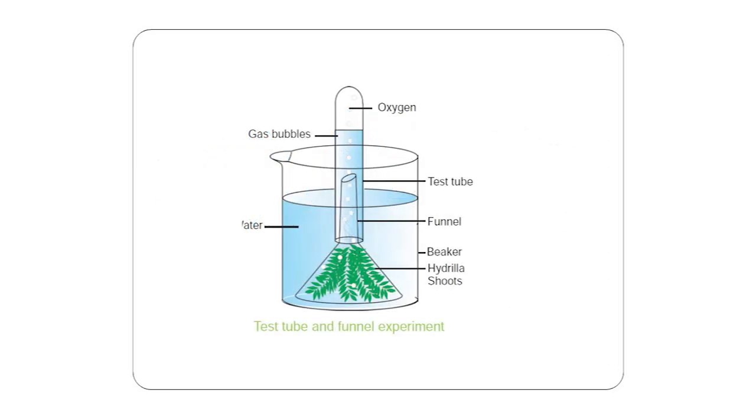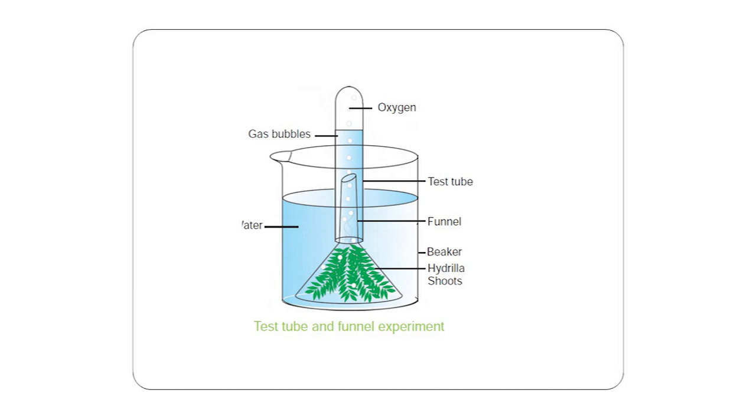This given experiment is called the test tube and funnel experiment to show that oxygen is evolved during photosynthesis. You take a beaker with water, then take a funnel, and over it you invert a test tube filled with water. Inside the funnel you take cut branches of hydrilla shoots. Then keep the apparatus in the sunlight for 4-5 hours.